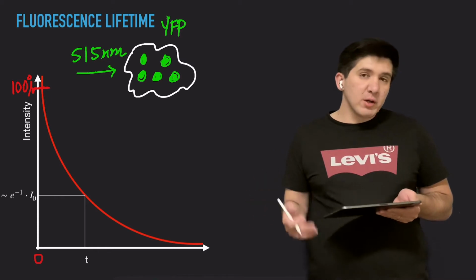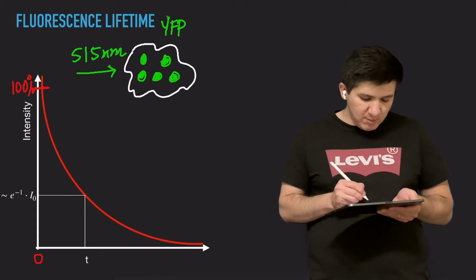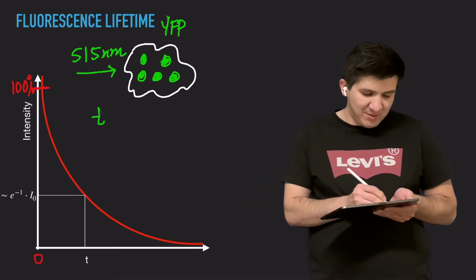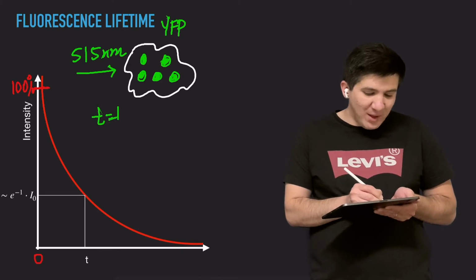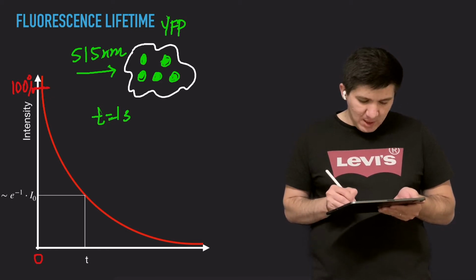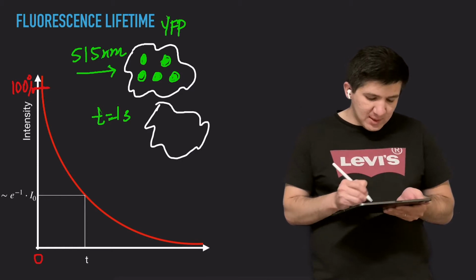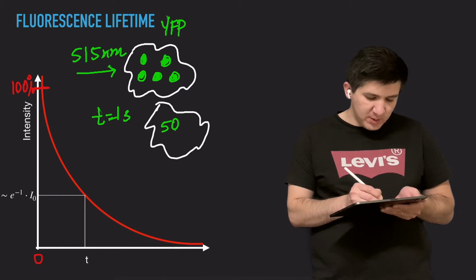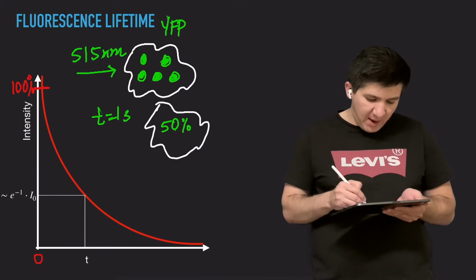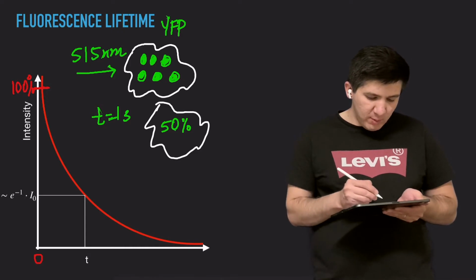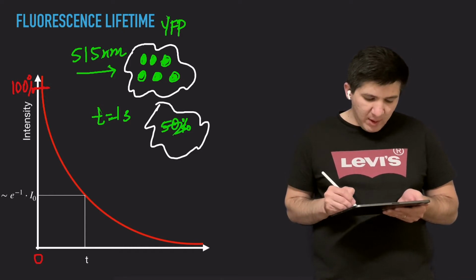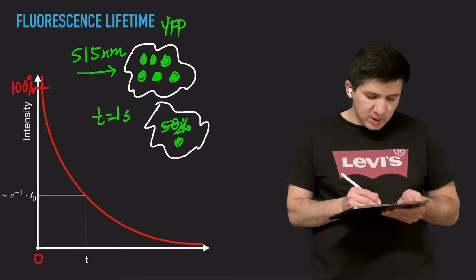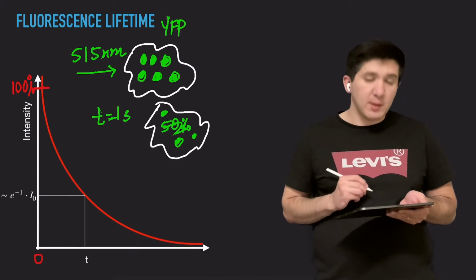So we call this the fluorescence lifetime. Let's assume that after a certain time, for example after 1 second, the number of the excited fluorophores is 50%, right? If you used to have 6 fluorophores which were excited, now we have only 3 of them which are excited.